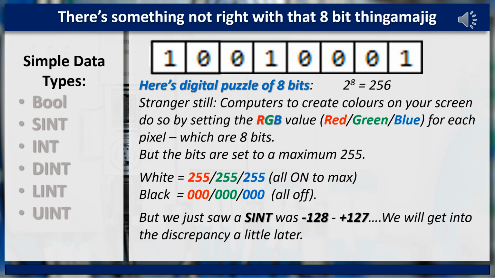White, for example, is 255, 255, 255, all on to max, and black is 000, 000, 000, all off. But we just saw that a sint was negative 128 to positive 127. We'll get to the discrepancy a little bit later, so hold your thought.